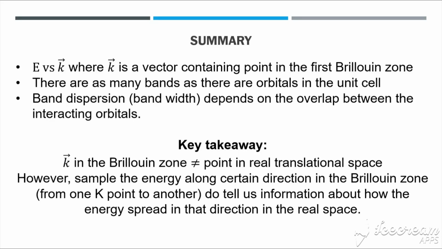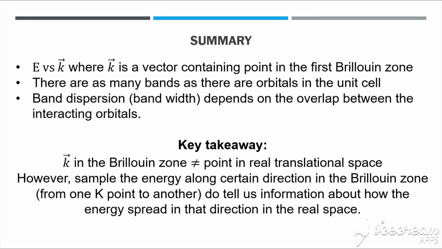In summary, here are some concepts that I think are important in trying to understand a band structure. A band structure is a 2D representation of the electronic property of the material in the form of E versus k, where k is a vector containing points in the Brillouin zone. There are as many bands as there are orbitals in a unit cell. Band dispersion depends on the overlap between the interacting orbitals.